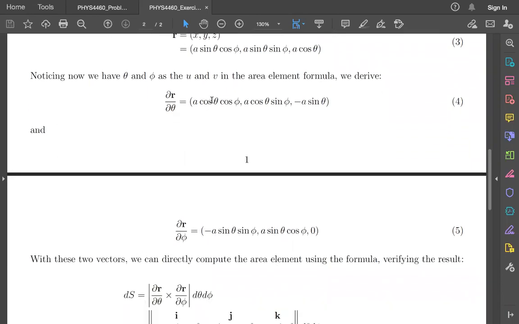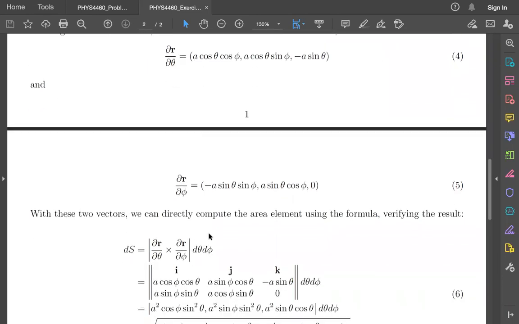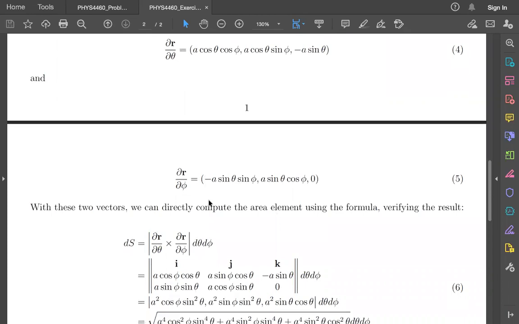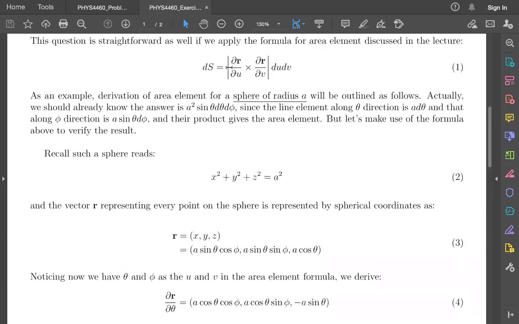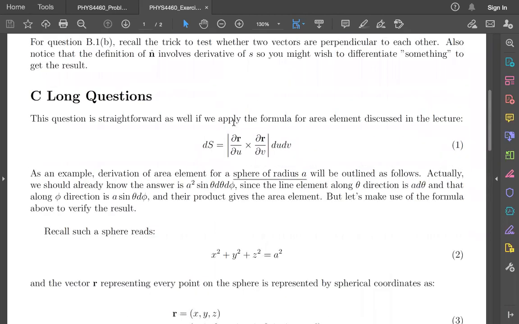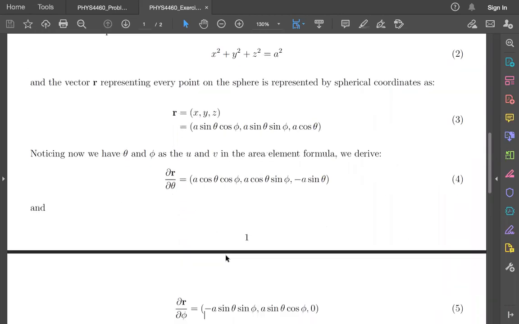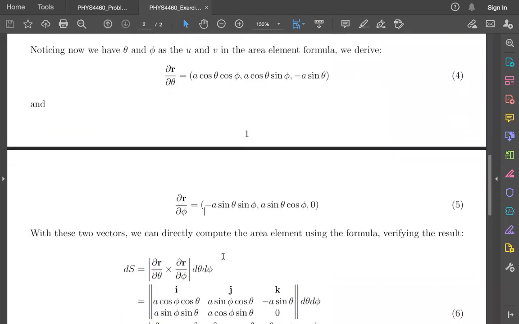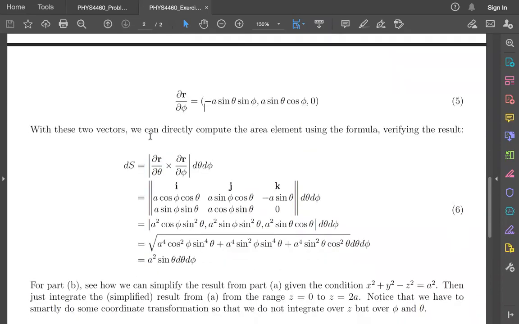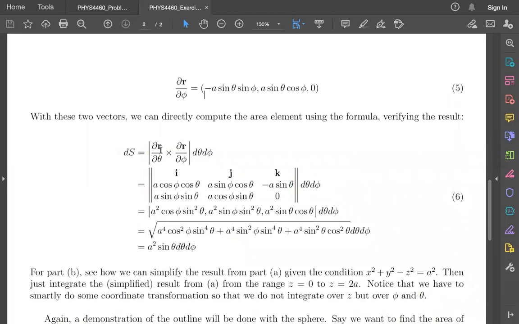So now we have these two vectors, and then we can just plug these two vectors into the formula of the area element here, which will read something like this. So this would be a cross product, right?